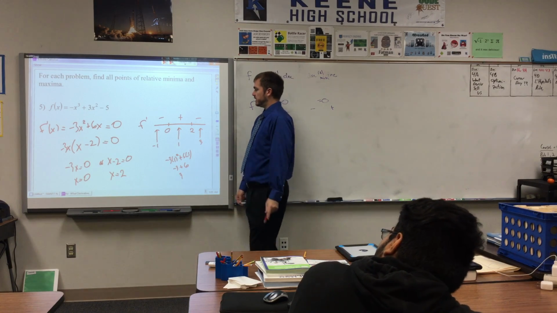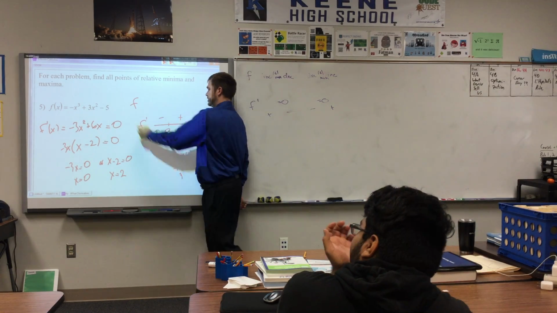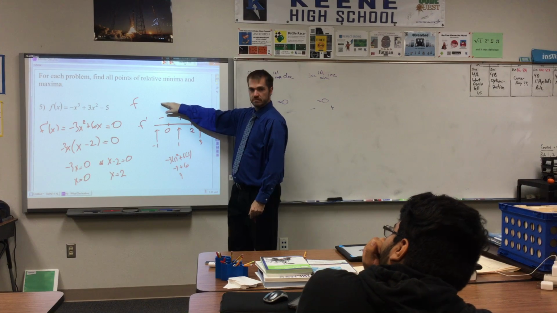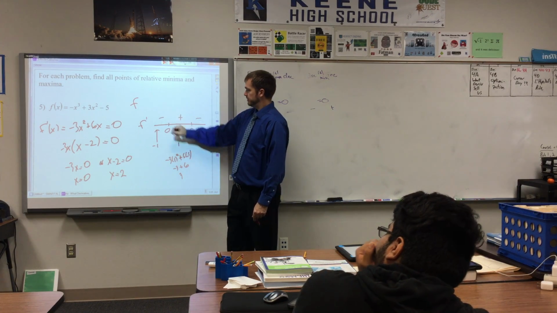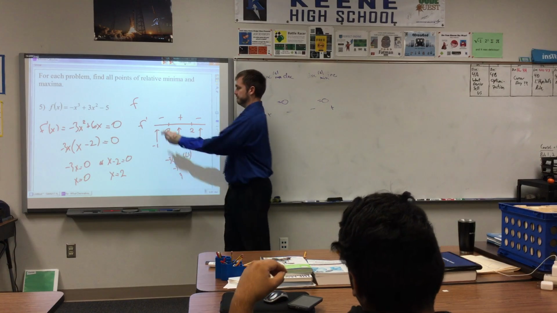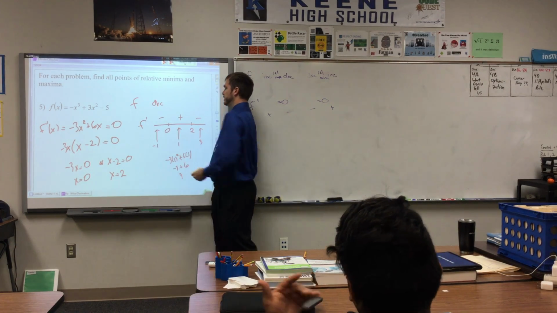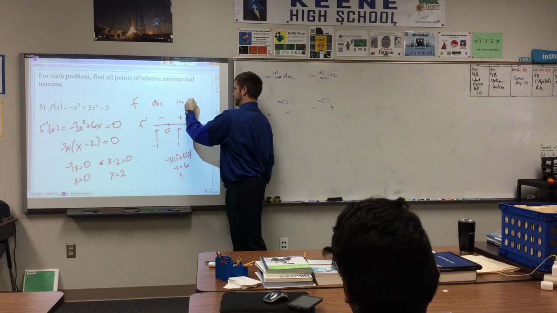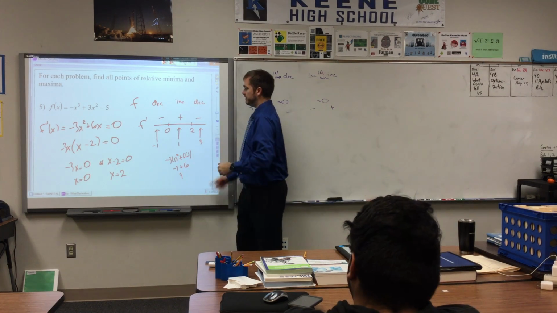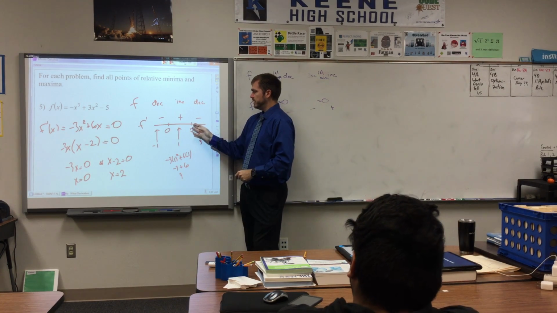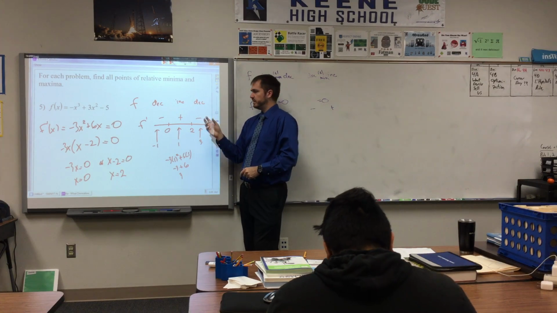All right, Nick, what does that tell us about the original function in this region right here? That it was decreasing, then increasing, and decreasing. So we have a spot where the derivative equals 0, and we're changing from increasing to decreasing.